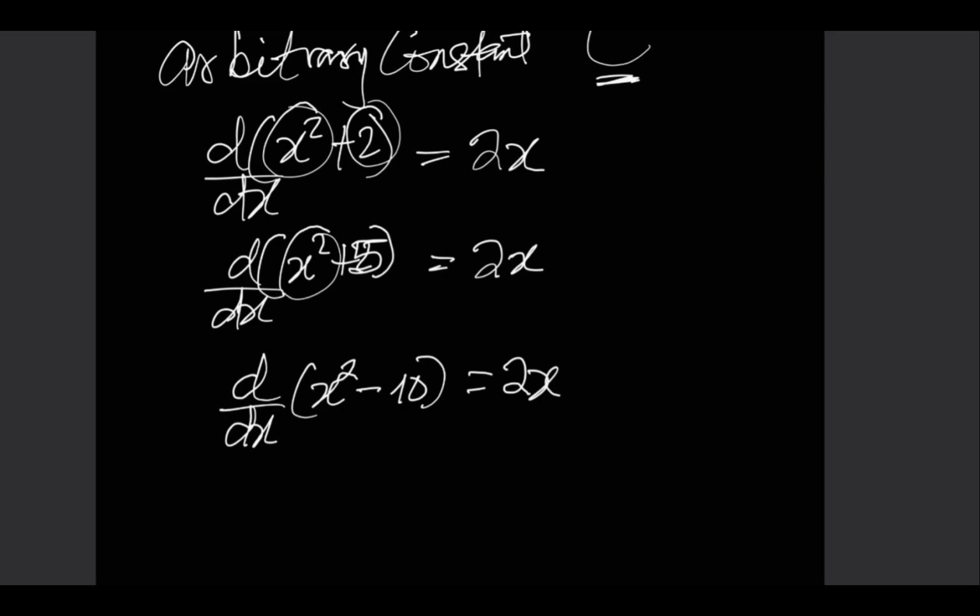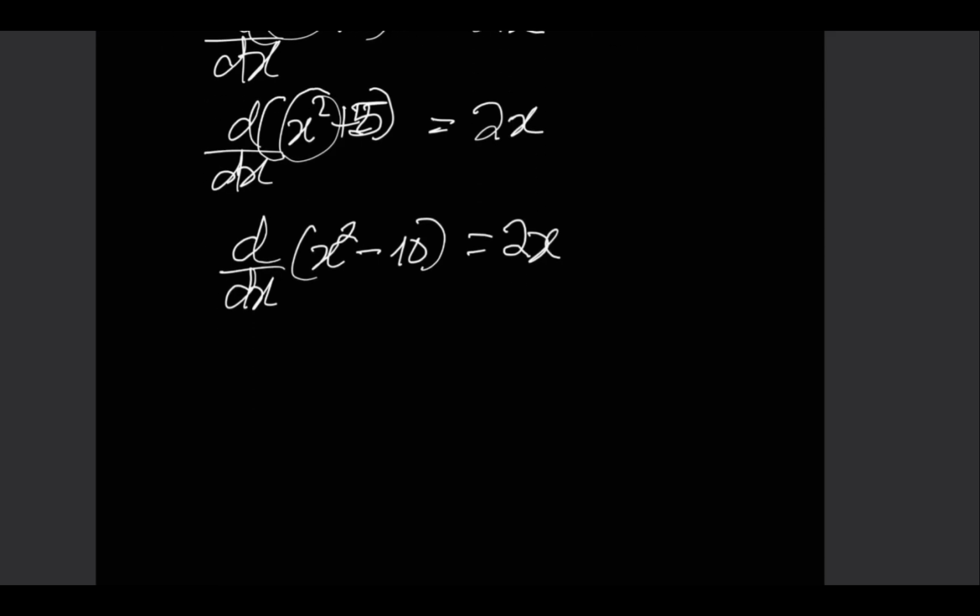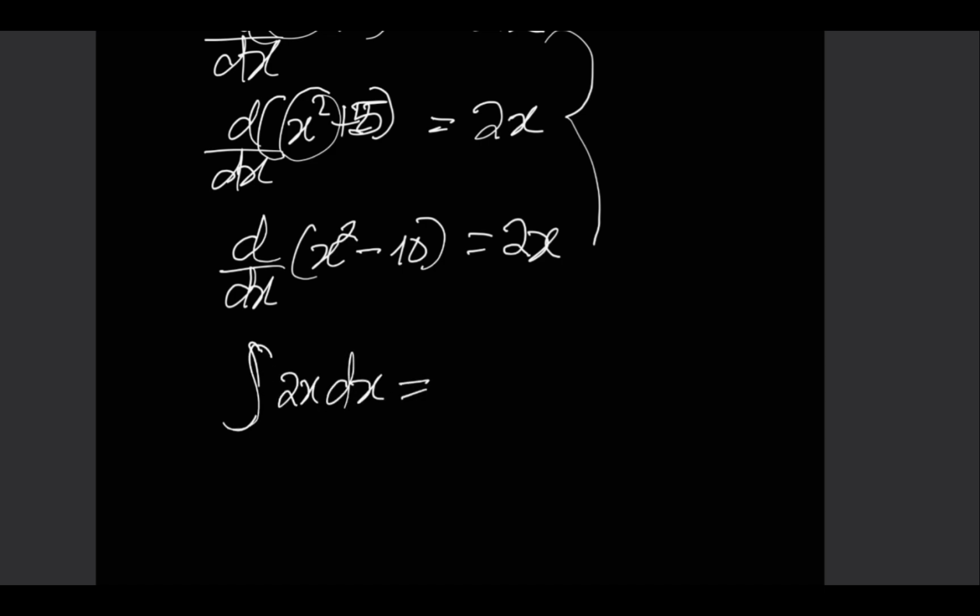So if we are given this 2x as our answer and asked to integrate 2x with respect to x, then by the time you apply the integration formula, which I'm going to show you, the answer will be x squared plus a constant of integration.